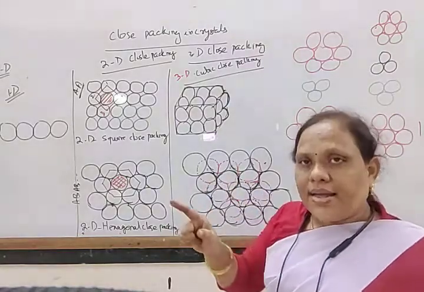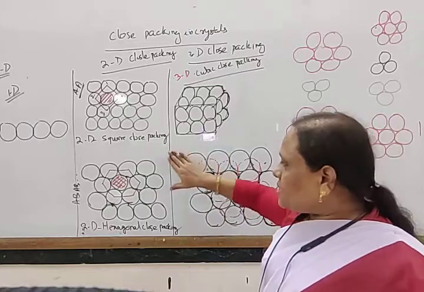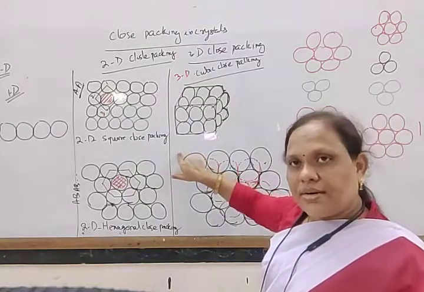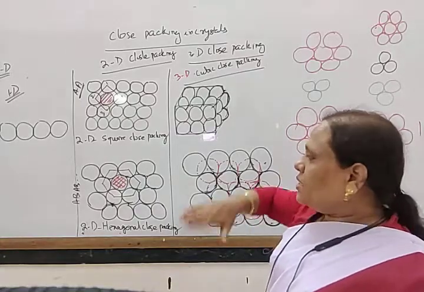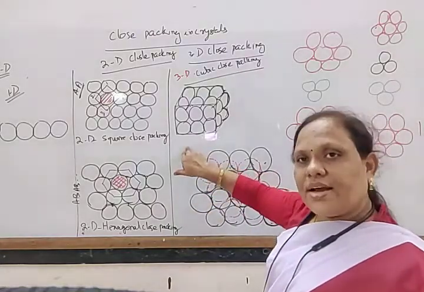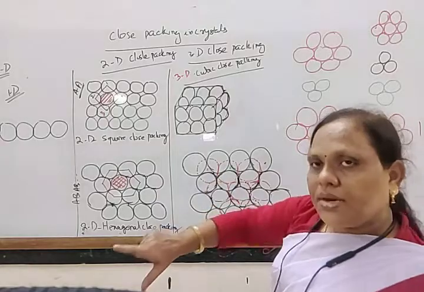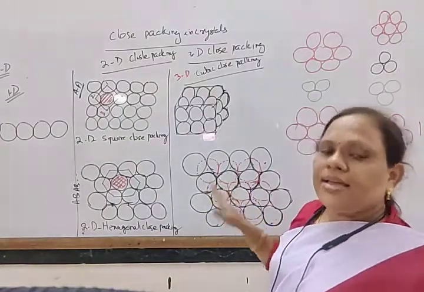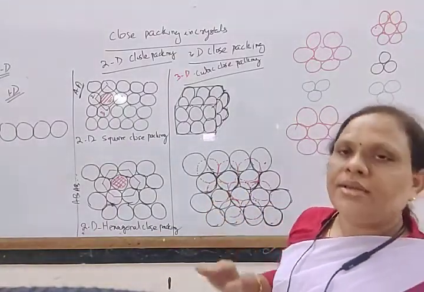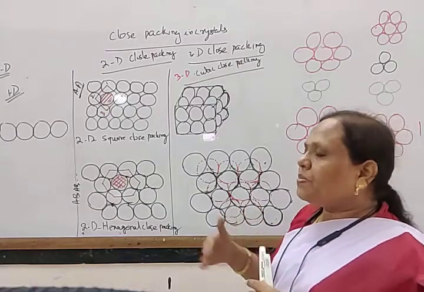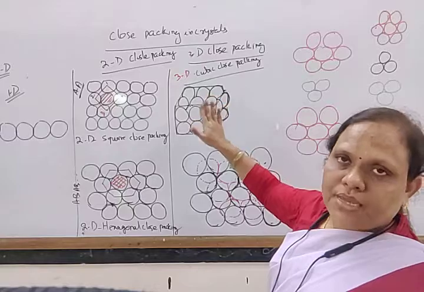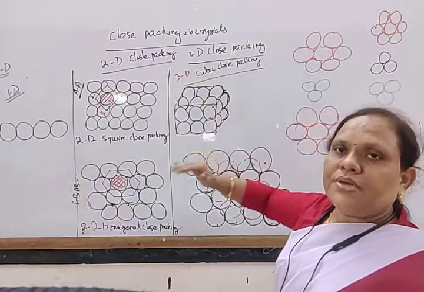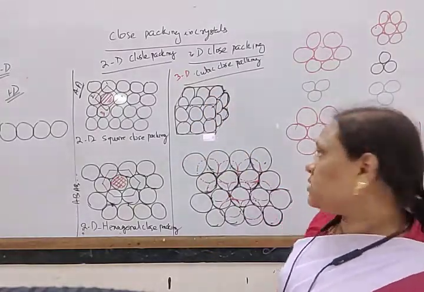And if the third layer again comes similar to the first one, sitting just as the first layer, and the fourth layer is similar to the second layer, that type of arrangement is called ABAB arrangement of three-dimensional close packing.